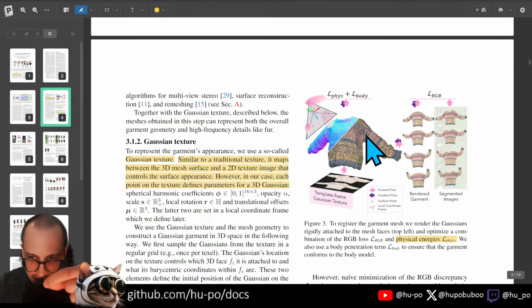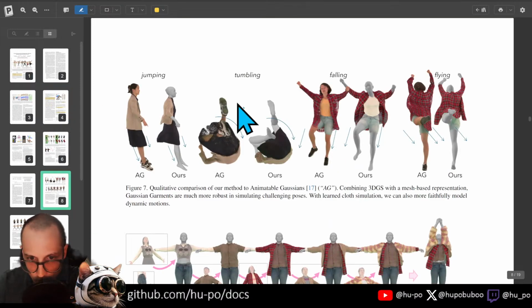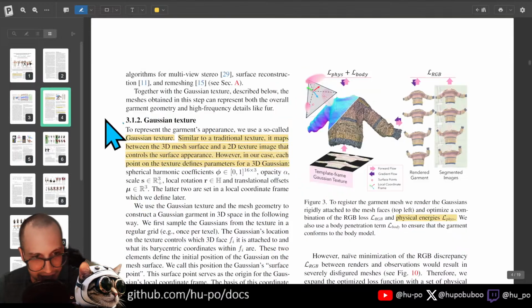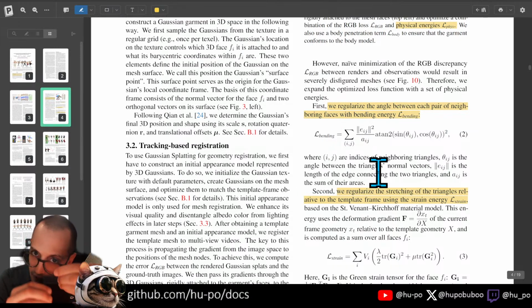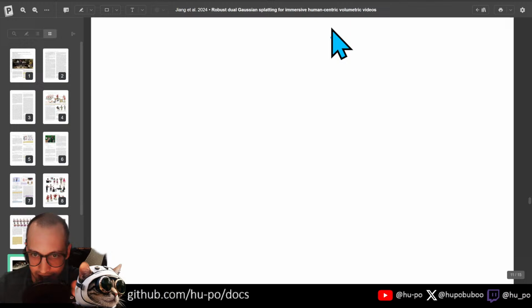So you're starting to add physics properties between Gaussians that depend on what object you're trying to represent. Some t-shirts are more bouncy, some are more flappy. I don't know how to describe different types of clothing, but you can see they're starting to add these physics-based relationships between these little Gaussians.